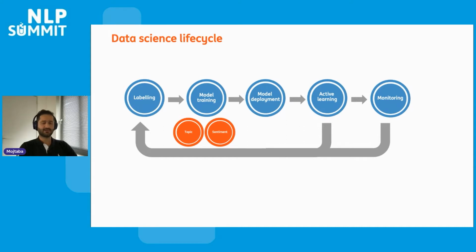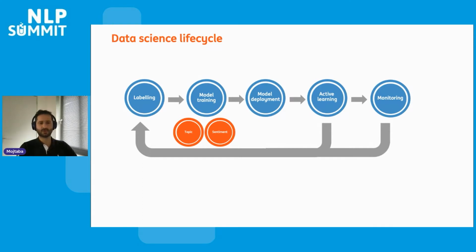Then after labeling, we have our models: topic models and a sentiment analysis model. After several experiments, we reached a point where our stakeholders are happy with the result.